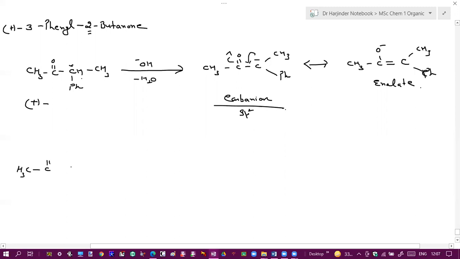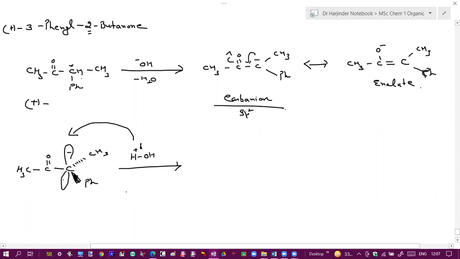H plus from the water. Since it has a planar geometry, H plus from water can attack from above or from below with equal probability.